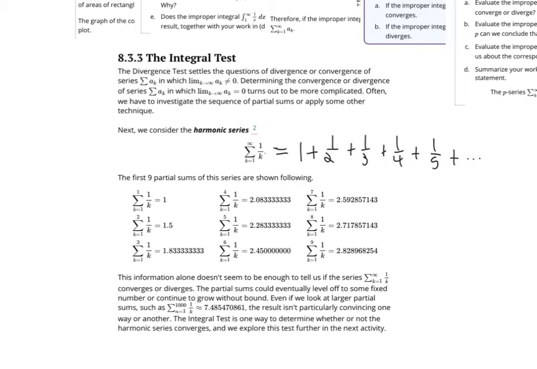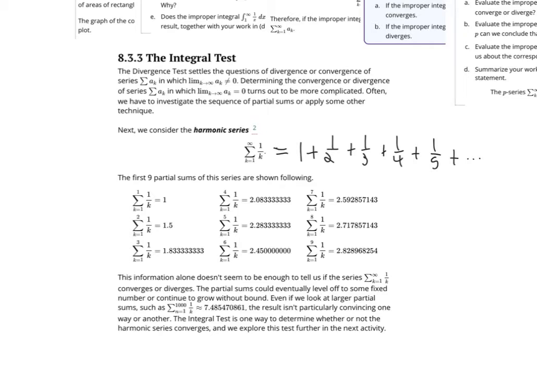Now, when you calculate the partial sums, you get this data. So we have the first 9 partial sums of the series. There's nothing here that tells us whether or not it converges or diverges. We do notice, like we did with the series 1 over k squared that we talked about in class, that the space between consecutive partial sums seems to get smaller.